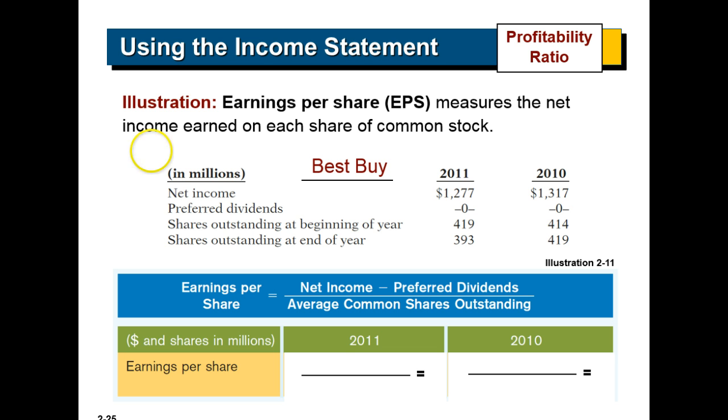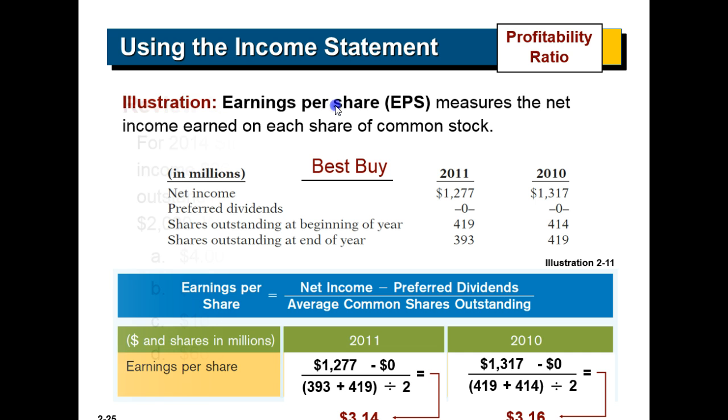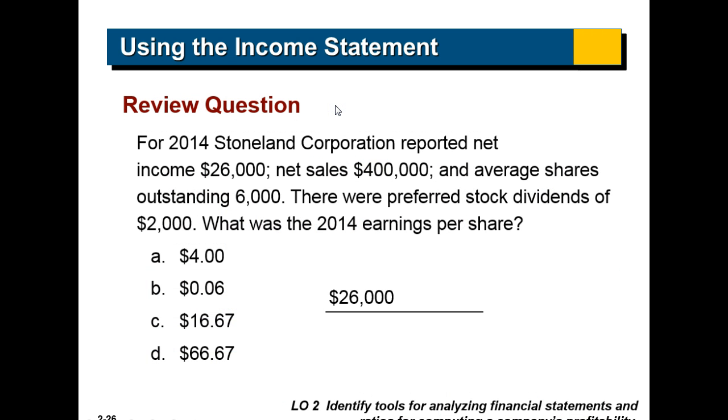So EPS is basically taking their net income and averaging their shares and coming up with how much does each stock really earn? Make sense? Okay. So basically in doing this, it allows us to get an understanding of comparing companies.